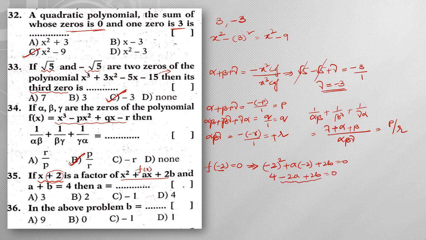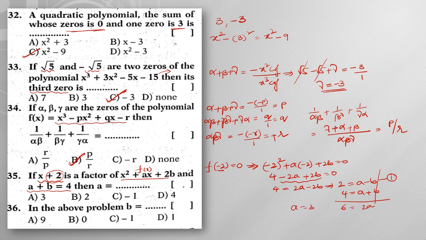Now I am going to transpose this to the right hand side. Then I am going to have 2a minus 2b, and taking 2 common and cancelling, I have 2 is equal to a minus b. So this is equation number 1. And here one more equation is given, a plus b is equal to 4. Below that, if I write a plus b is equal to 4, on solving this, minus b plus b get cancelled, so 2a is equal to 6.